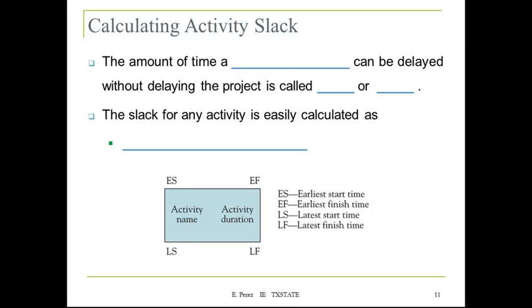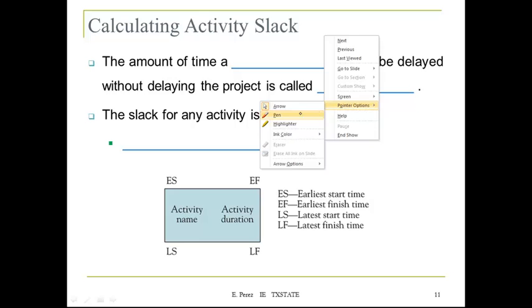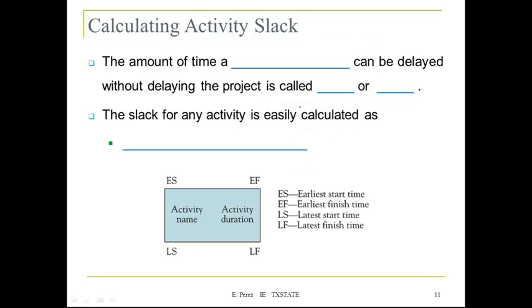To calculate the activity slack, this is the amount of time a non-critical task can be delayed without delaying the project. This is called slack or float.